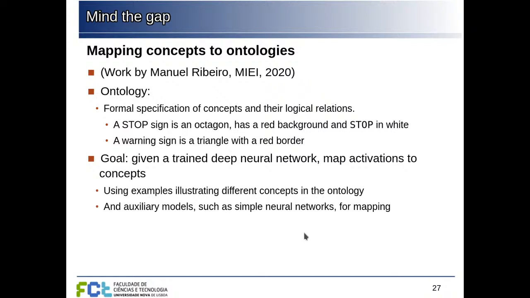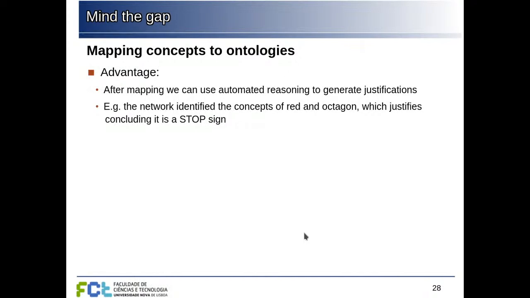And this can tell us when we present an example and the network classifies it, for instance, as a stop sign, this mapping can tell us whether the network is also creating representations that correspond to octagon and to red background examples in the hidden layers. So after mapping, we can use automated reasoning to generate explicit justifications for the network output.